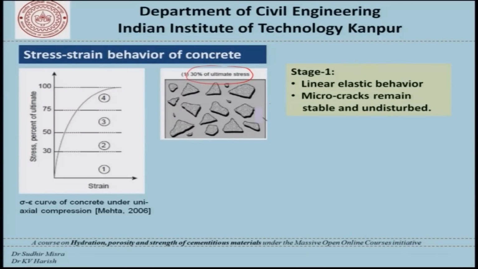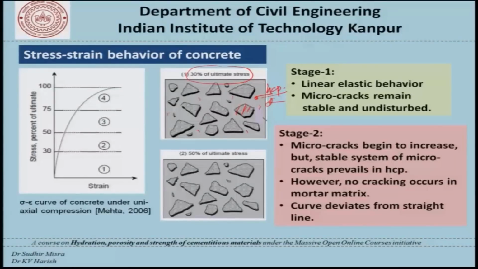So, this picture here is that of concrete with aggregates suspended in our HCP, and so long as the load does not exceed 30% of the ultimate strength, whatever microcracks are present in the HCP, they remain stable and undisturbed.